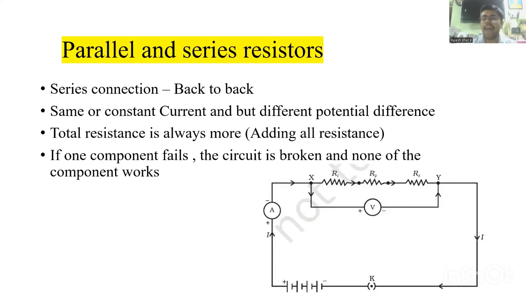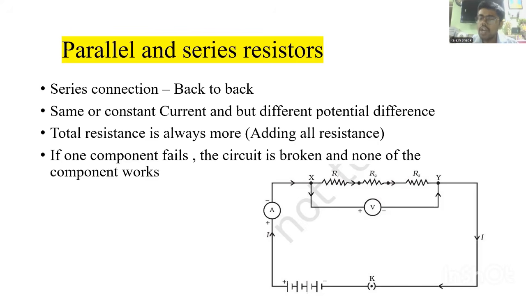Okay, next, parallel and series connection. You know what is parallel connection, what is series connection? Series is back to back, one after the other. Now here one important question they'll ask. In series connection, what is same, what is different? The same current will flow, only one current, because current has no deviations here.